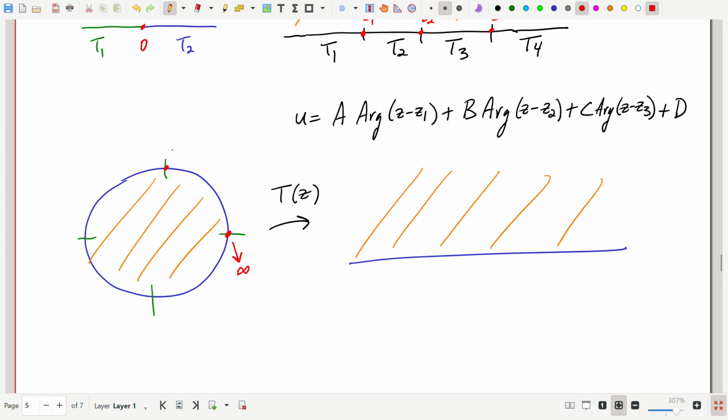And then this one's going to go to Z1, Z2, Z3. I've got to think about my bug. I'm crawling from Z1 to Z2, keeping the region on my left. Yeah, so this would be Z1 prime, Z2 prime, Z3 prime, and the point at infinity is out here. And so I could use a linear fractional transformation and solve the problem. And it's not hard to cook up a linear fractional transformation from the unit disk to the upper half plane.